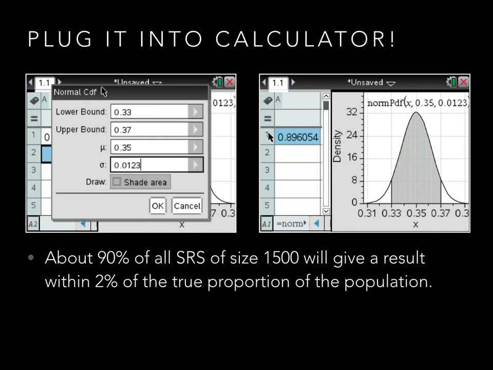So this accounts for about 90% of all sample proportions from a sample size of 1,500. So our answer is about 90% of all random samples of size 1,500 will give a result within 2% of the true proportion of the population.